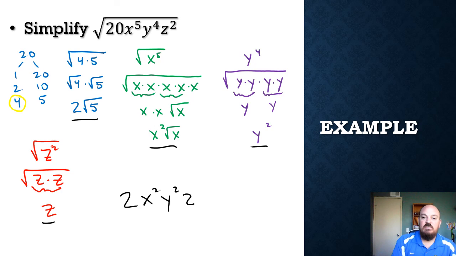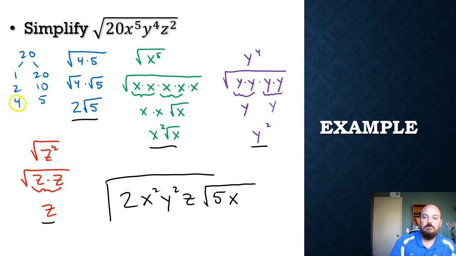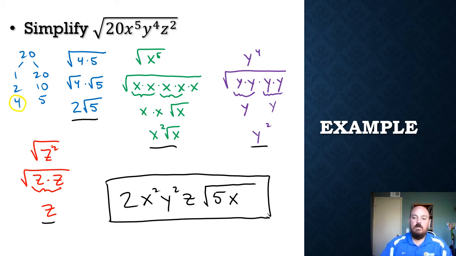And from my red one, I have a z. Now inside the square root, from the first one I have a 5, from the second one I have an x, and the third and fourth don't have a square root, so I'm not going to add anything. And that's my final answer. So you get 2x squared y squared z times the square root of 5x.